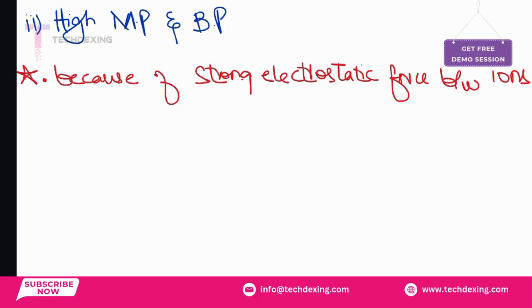I gave you the example that if you talk about NaCl, the melting point of NaCl is very high. It is almost near 800 degrees centigrade. So it means that a lot of heat is required to separate the sodium and the chloride ion. Okay, the next property that we are going to discuss is about their solubility.